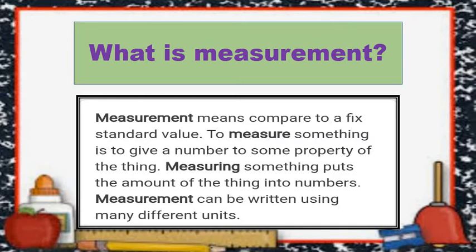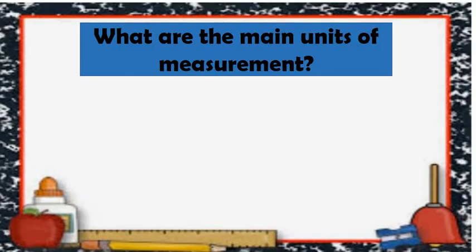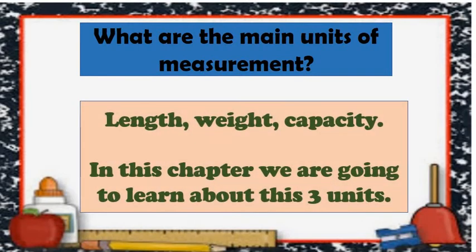Measuring something puts the amount of the thing into numbers. Measurement can be written using many different units. What are the main units of measurement? In this chapter, we are going to learn about these three units: length, weight, and capacity.